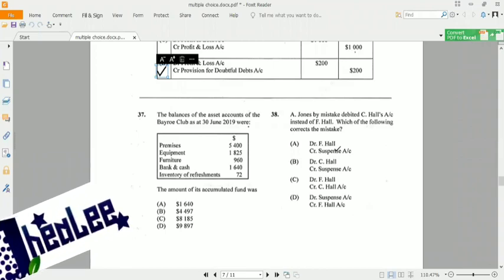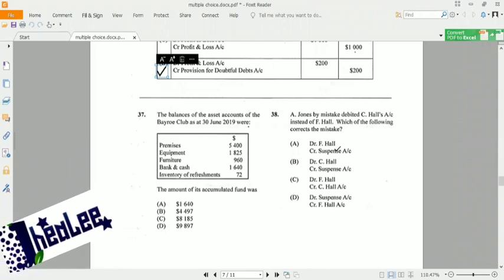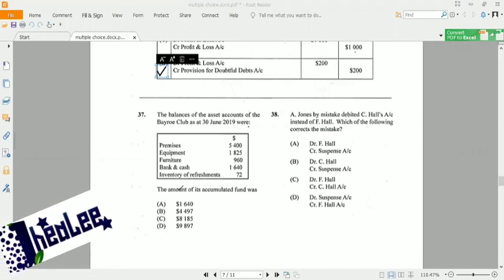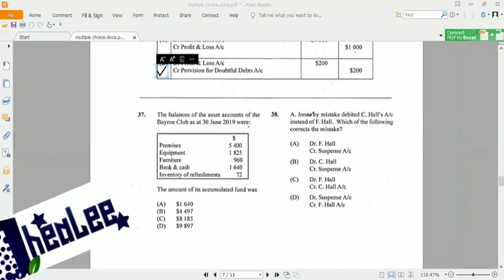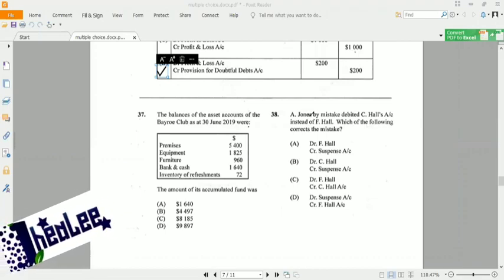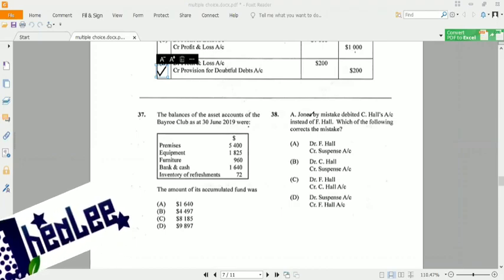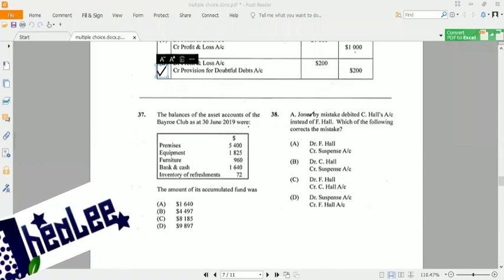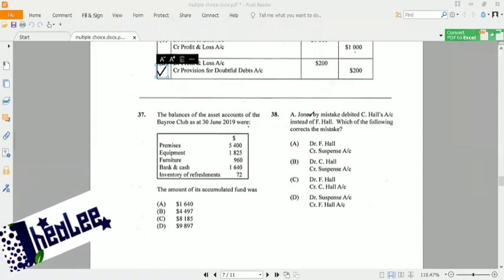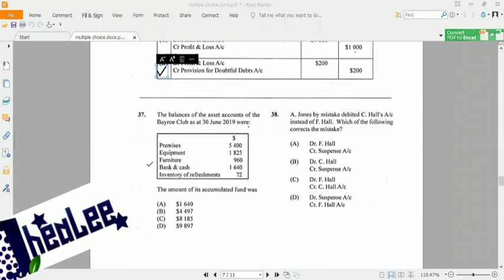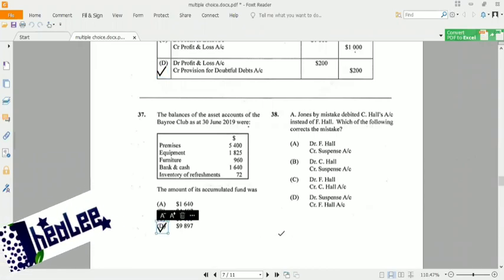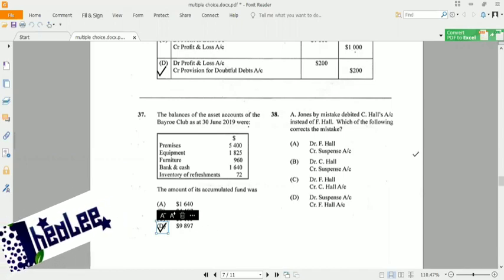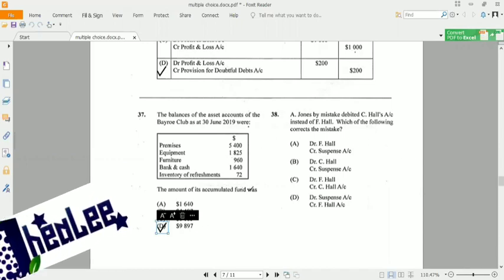So if you are presented with assets, and there are no liabilities, then we are going to add our assets to determine what the capital is. And the amount there is D. That is the response, 9,897. So remember, accumulated fund is the same thing as capital.